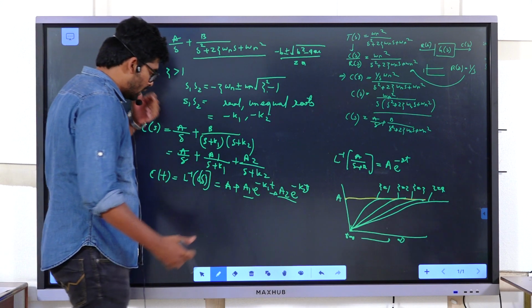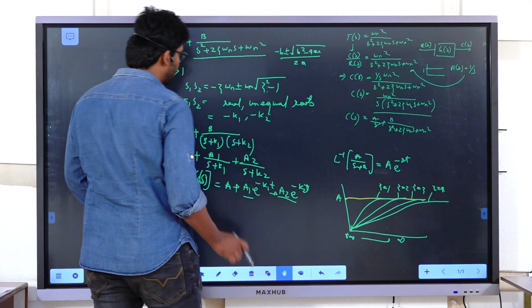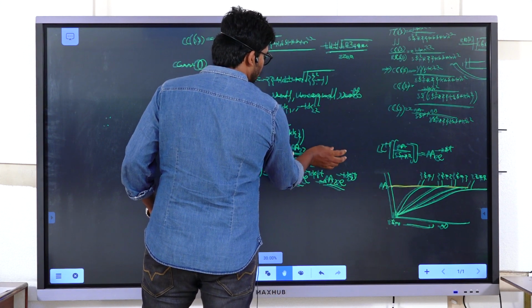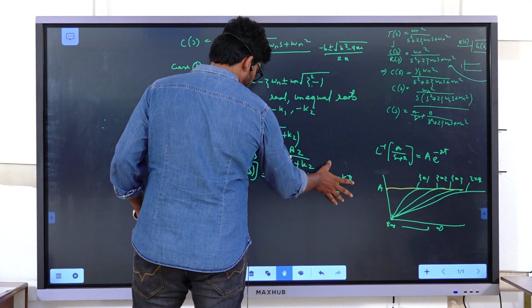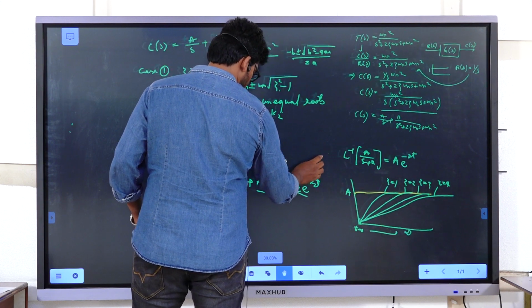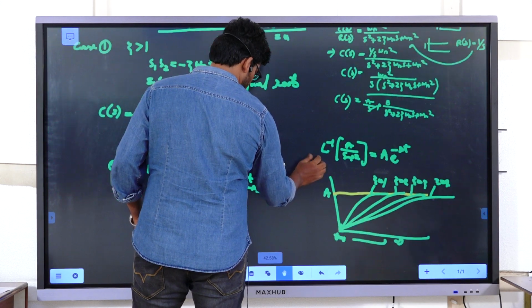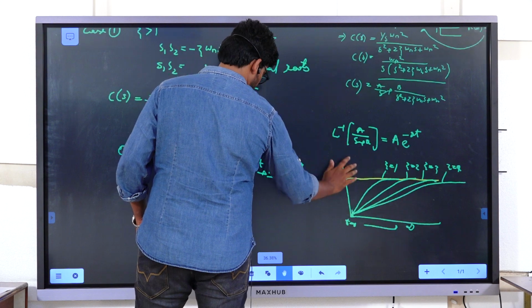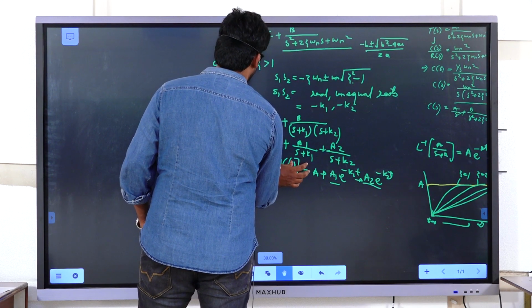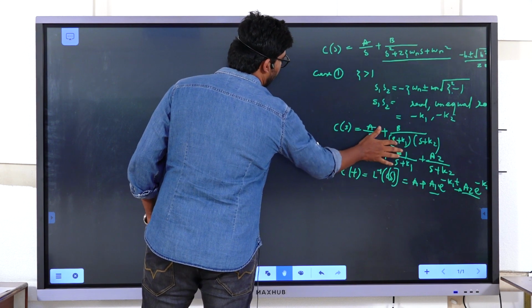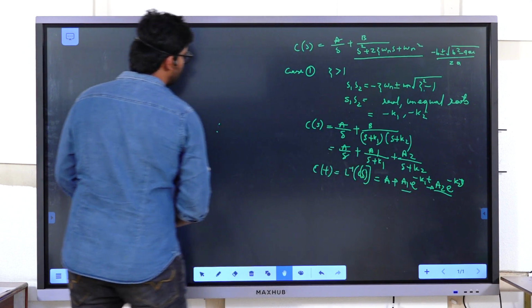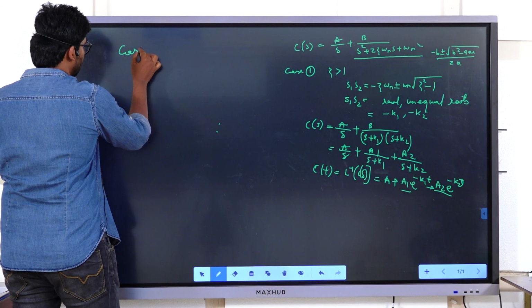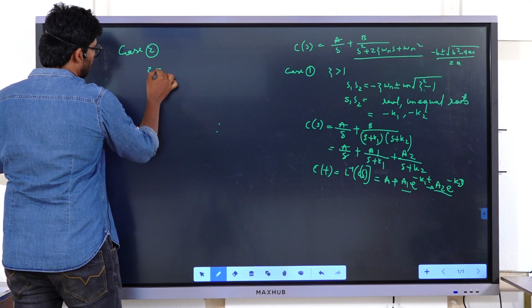Now let us see the case where zeta value is equal to 1. What happens if zeta is equal to 1? Case 2: zeta equal to 1.